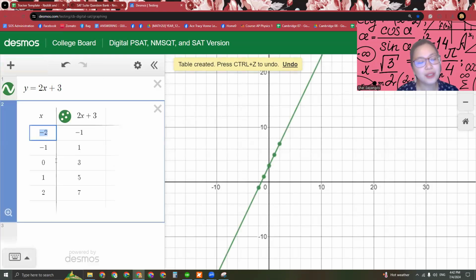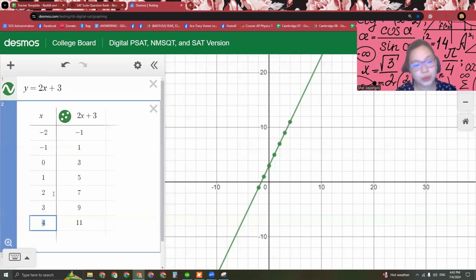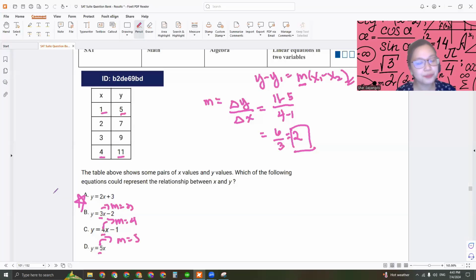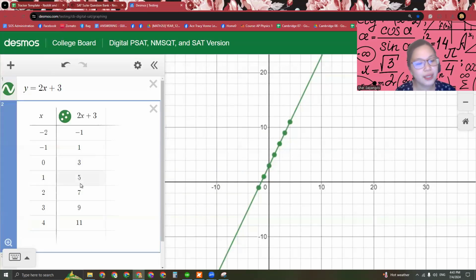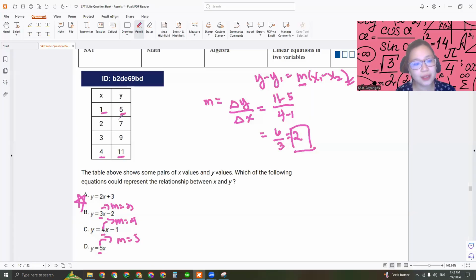What Desmos does is create -2 to 2. So you can just modify, enter 3, and then we also need 4, right? 1, 2, 3, 4. And then double check: are these the points that I am seeing? 5, 7, 9, 11. Then you're correct, meaning we have the right equation.